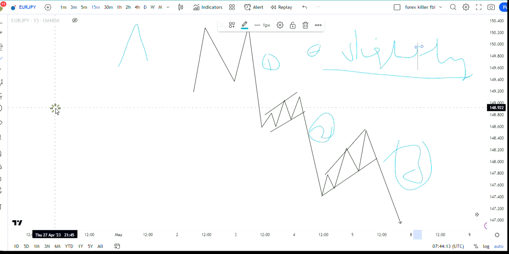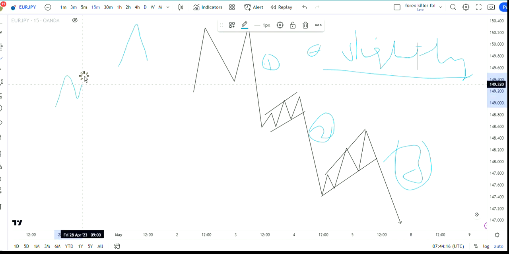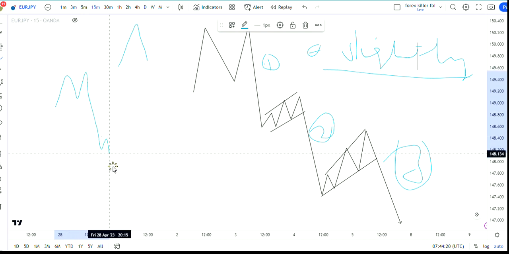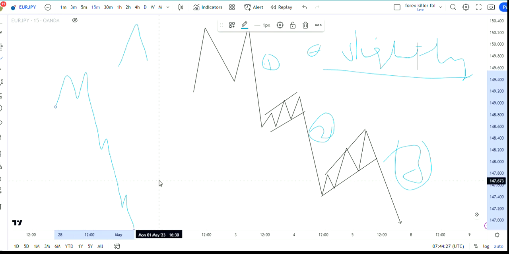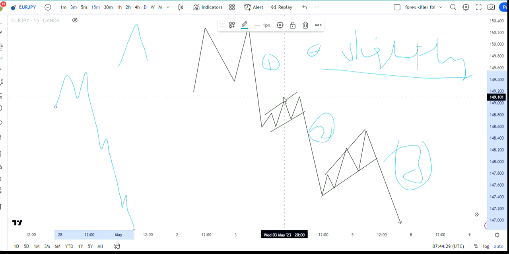You may have this pattern here, an aggressive move, then a very small pullback, then another very small pullback, then this move right here. So we say a noted rule should sometimes be ignored. Don't be a slave of these noted rules.